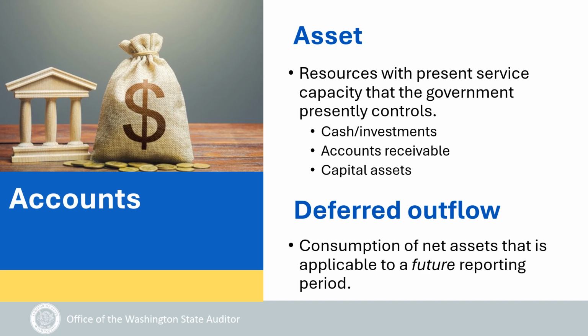Another example would be capital assets. These are assets that are expensive and will benefit the government for more than 1 year. This includes things like buildings, roads, cars, trucks, snowplows, and even parks. Since the government is responsible for providing park services, and the park is being used directly by the public for that service, that's the present service capacity.